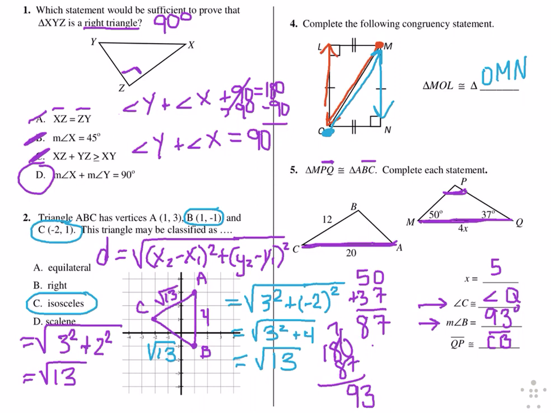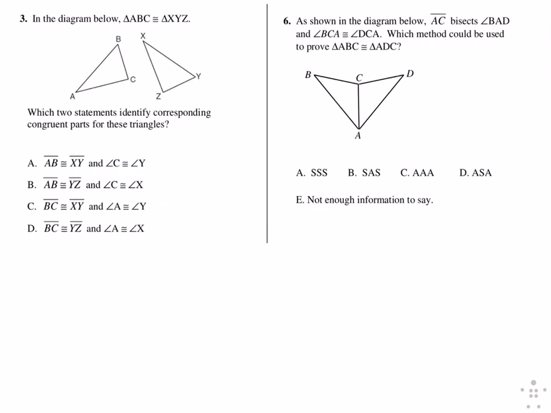All right, let's look at questions 3 and 6. So question 3 says, in the diagram below, triangle ABC is congruent to triangle XYZ. Which two statements identify corresponding congruent parts for these triangles? So if we look at A, it says AB is congruent to XY. That one's true. And I know because I'm looking at the order of the letters that it's given to you.